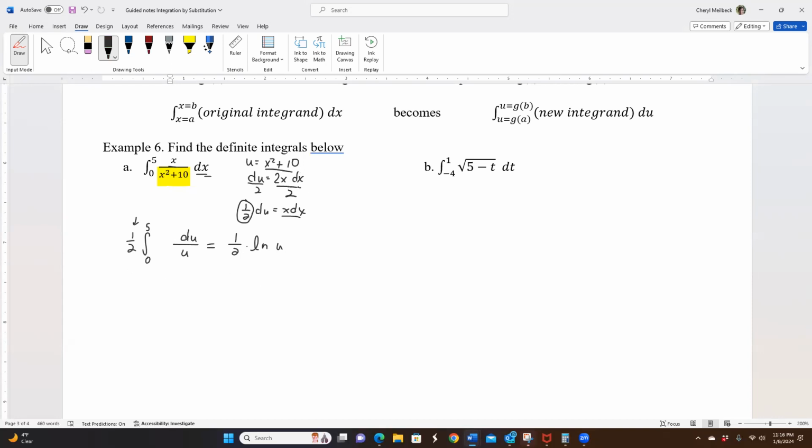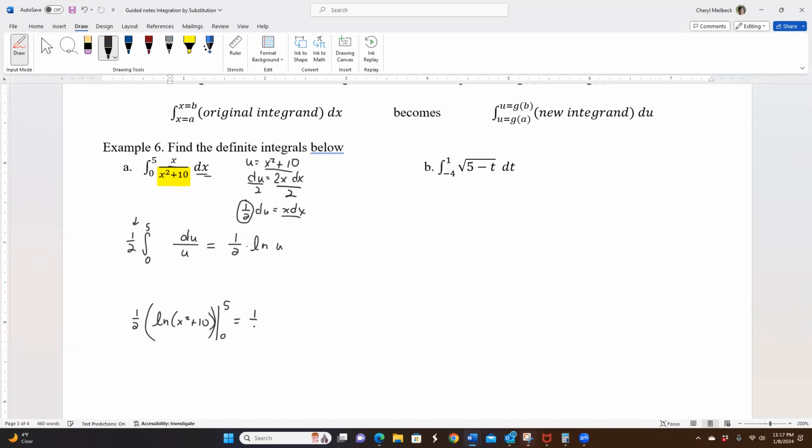U we identified as being x squared plus 10. So we'll write 1/2. Oops, since we already integrated, we'll use parentheses. 1/2 times the natural log of x squared plus 10, and we'll integrate this from 0 to 5. So we resubstituted the x squared plus 10, and we're going to integrate from the original bounds.